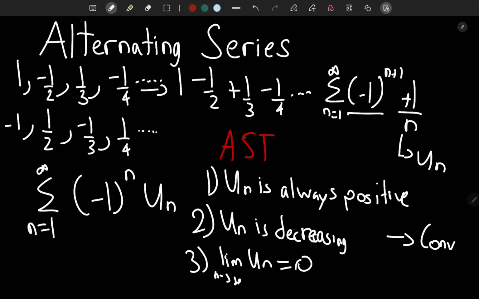If all three of them are satisfied, this means that it's converging. And another thing is you can jumble up the order. It doesn't matter which condition you start with. Whatever is easier for you to check first, it doesn't matter. There is no order to how you start the conditions.